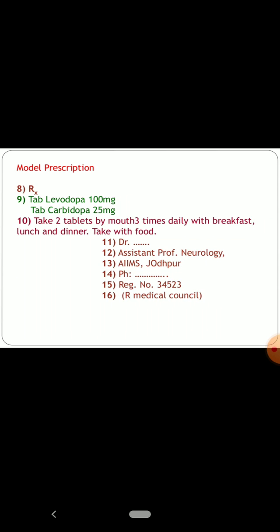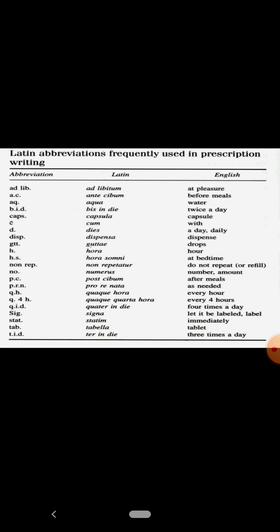Take with food. These types of indication should be written. Next is the salutation of the doctor, like the professional qualification of the doctor, where he belongs to, phone number, registration number and medical council registration number.